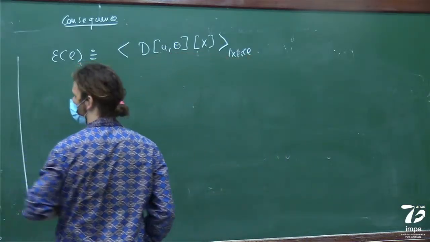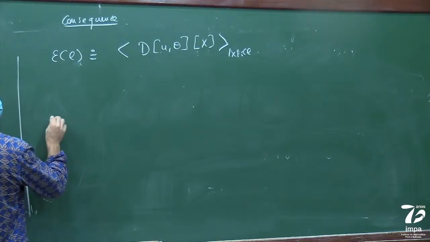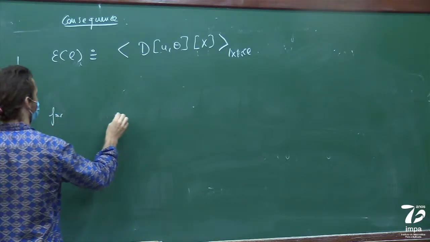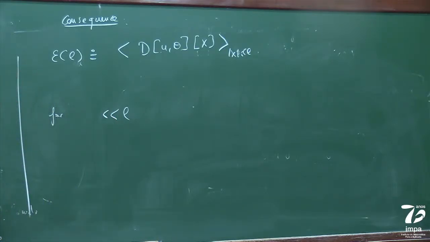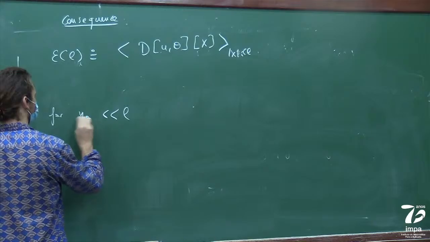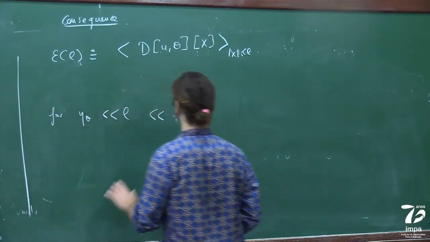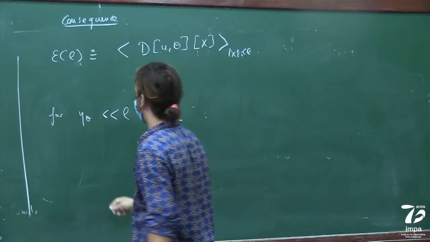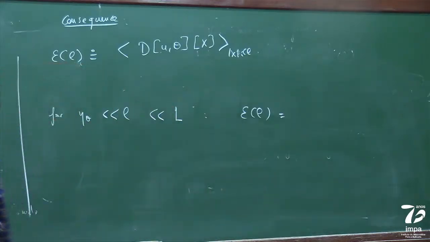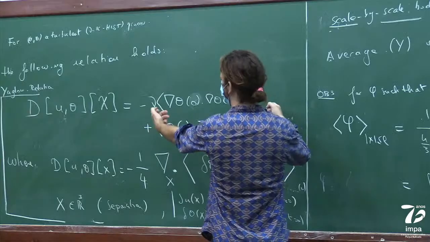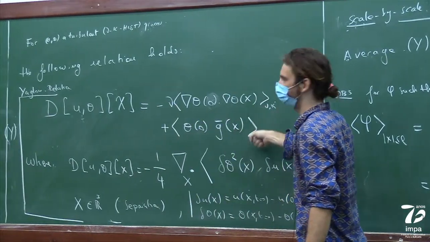And then for L which is very large with respect to eta theta and very small compared to the L, what we have is that epsilon L is equal to the average of those guys on the respective scale.